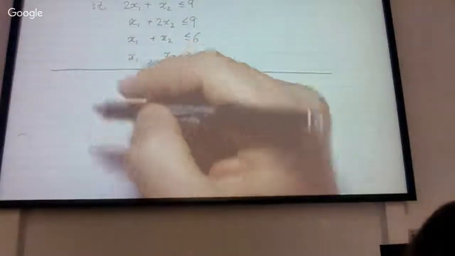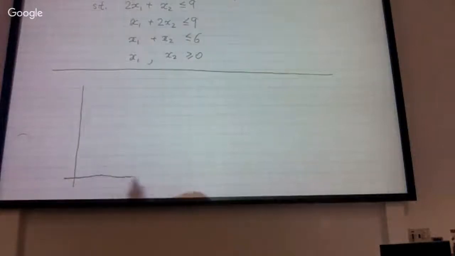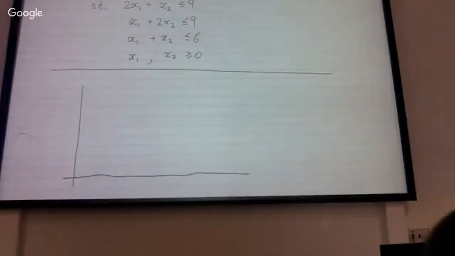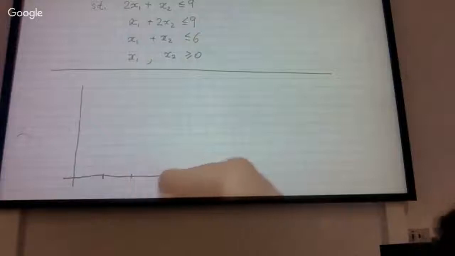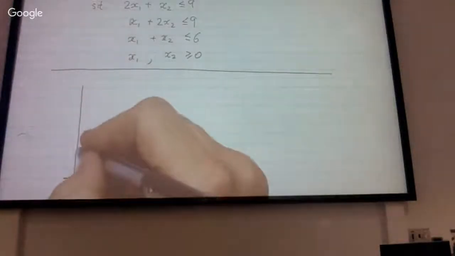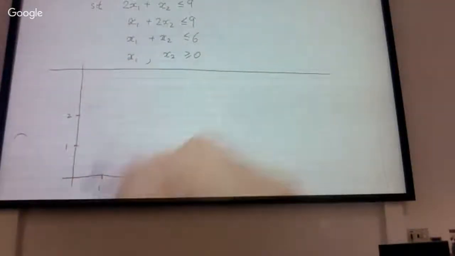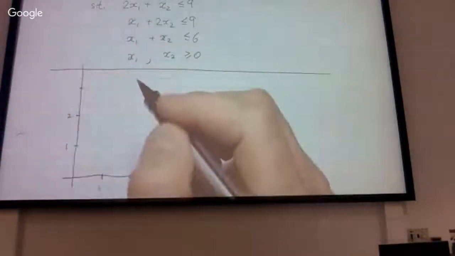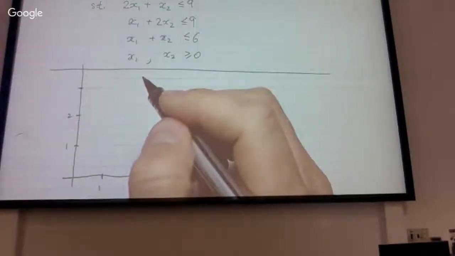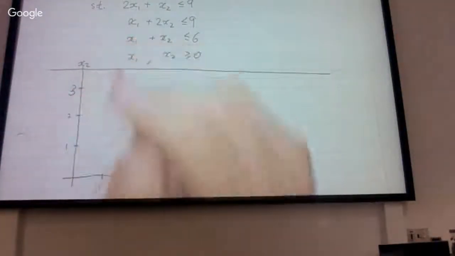It doesn't have to be a very precise drawing. This is x2.